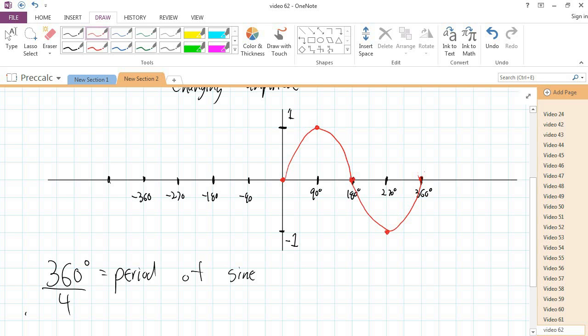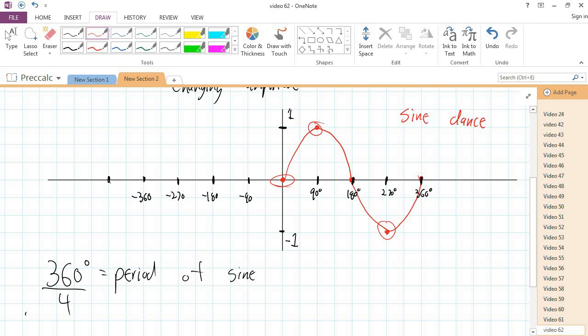Okay? Now, I could repeat this whole thought process every time I made a graph, or I could just think about doing a sine dance. And the sine dance repeats where sine is in the middle, where sine is at its high point, and where sine is at its low point.